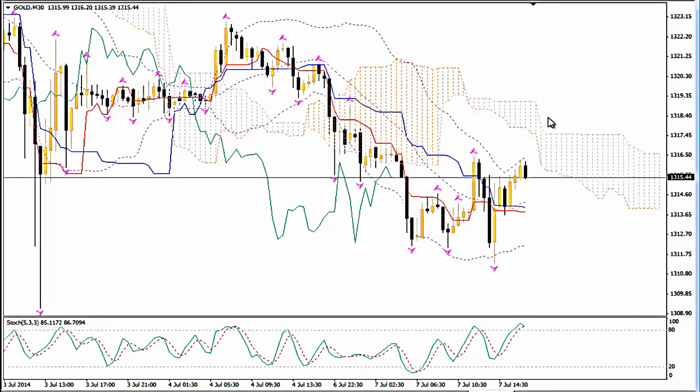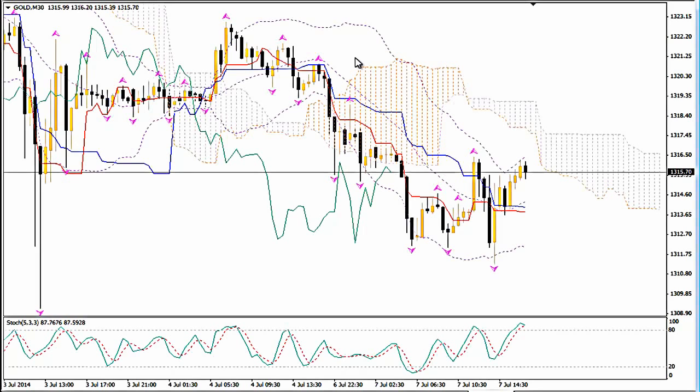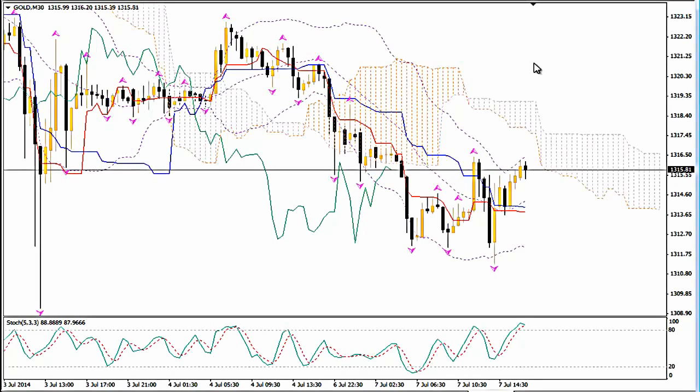So when the price will be here, Chikou-span may be here inside the Kumo. When the price will be here, Chikou-span will be above the Kumo here. So this is the price level that we expect Chikou-span to validate the bullish Kumo breakout. Wait patiently till you see that.